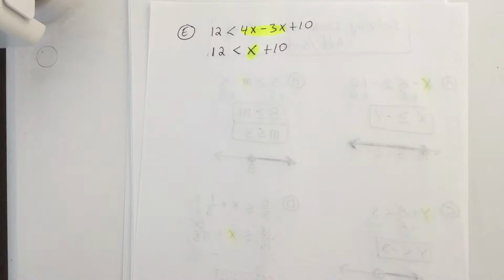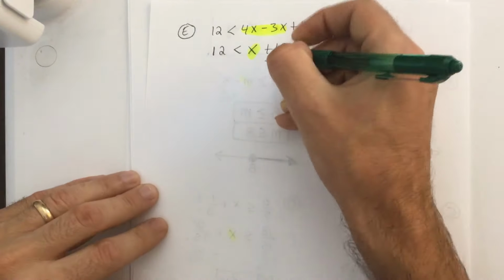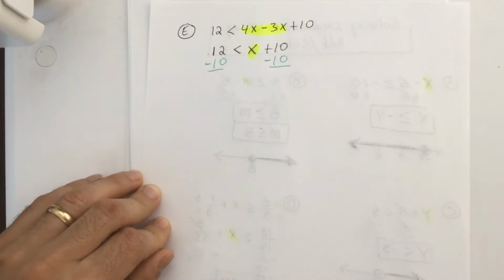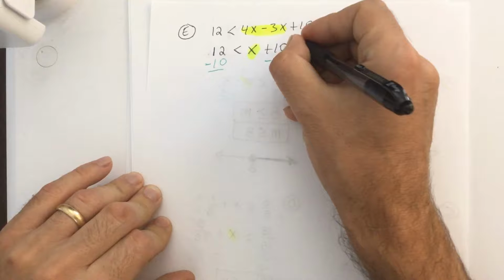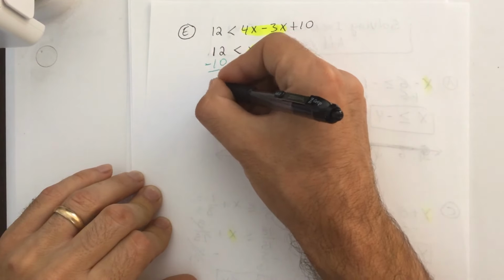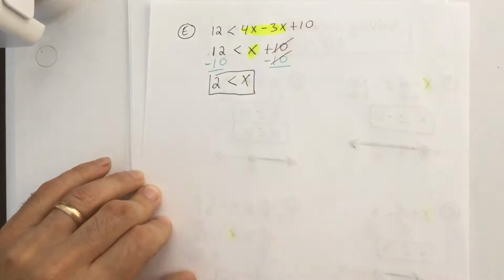And then we got plus 10. Now it's pretty simple. I got to basically subtract 10 to both sides of the inequality. So 10 and negative 10 cancel each other. 12 minus 10 is 2, is less than x. This is the right answer.